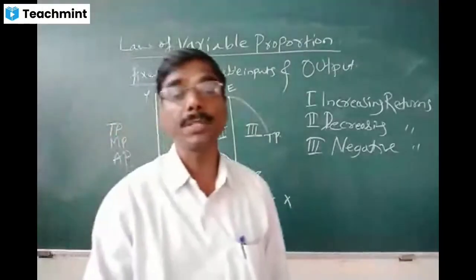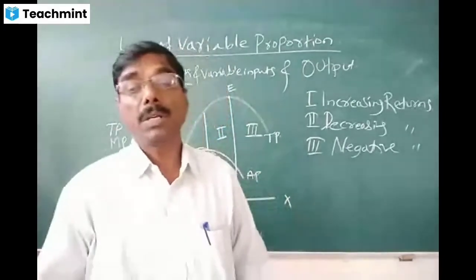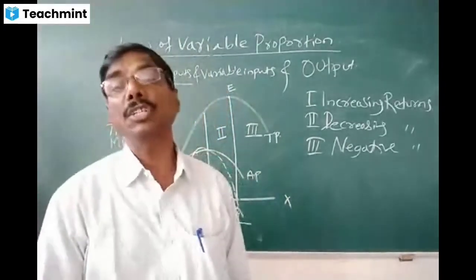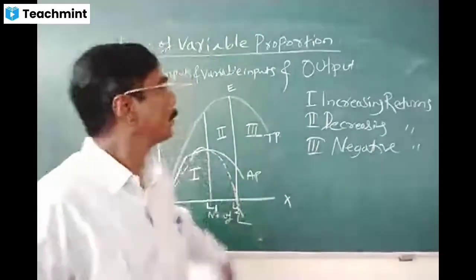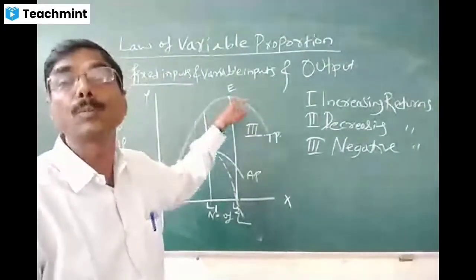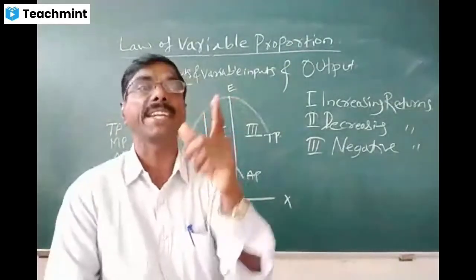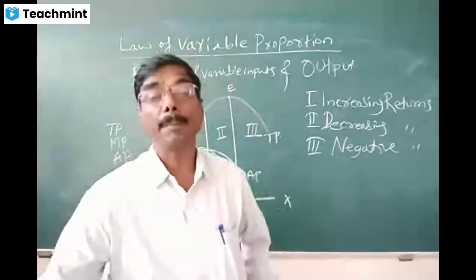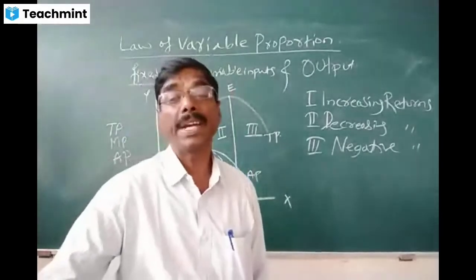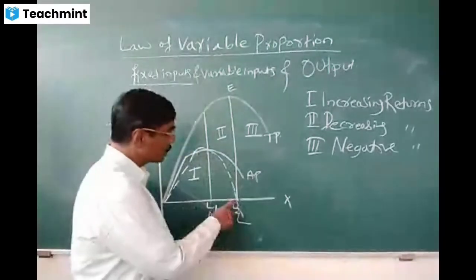The second stage continues up to this point E, where output is maximum and marginal product becomes zero.